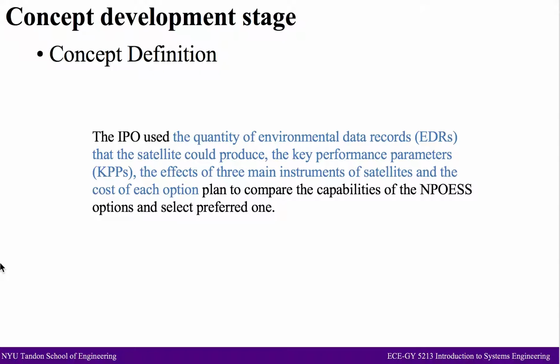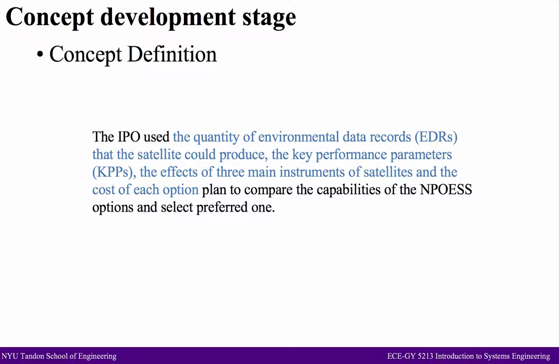The IPO used the quantity of environmental data records that the satellite could produce, the key performance parameters, the effect of 3 main instruments of a satellite, and the cost of each option to compare the capability of the endpoint options and select the preferred one.